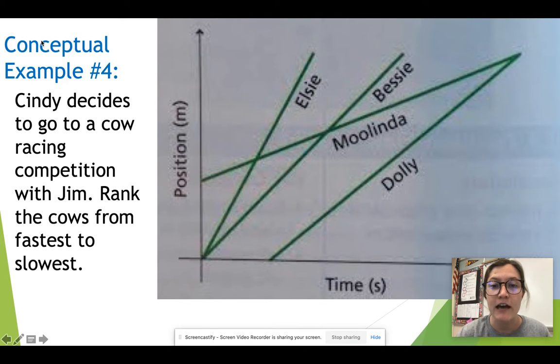We can see here that LC has the steepest slope, so LC would be the fastest cow. Our second steepest slope, we can kind of see, is Betsy's.